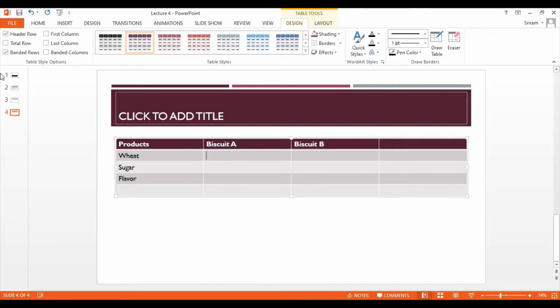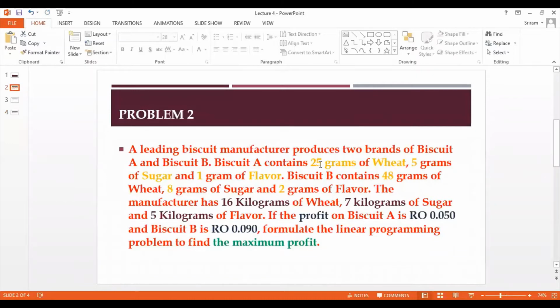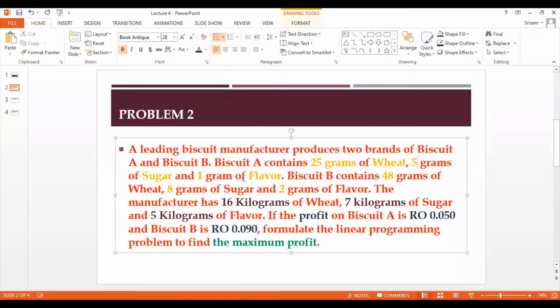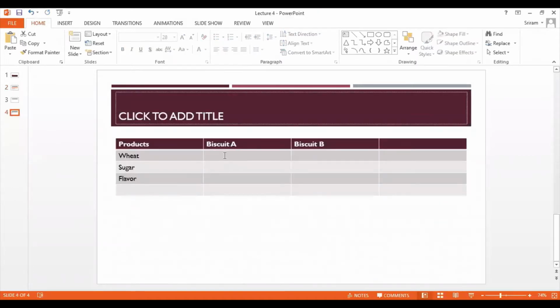Now I am going to check the requirement for biscuit A. Biscuit A needs 25 grams of wheat, 5 grams of sugar, and 1 gram of flavor.